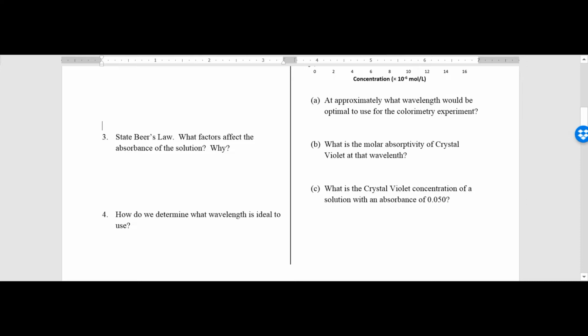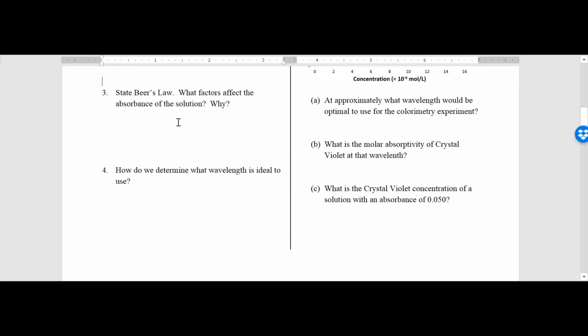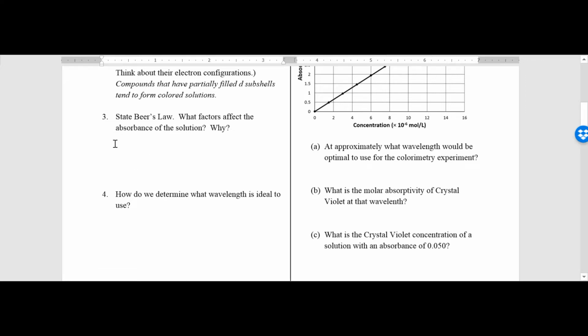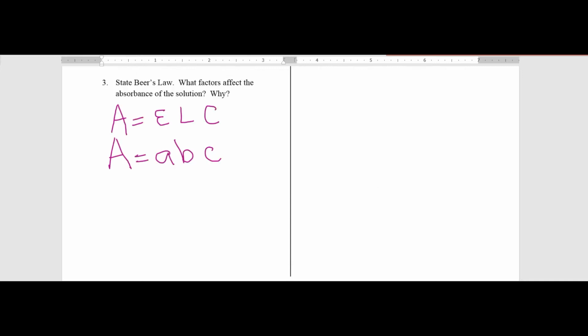All right, so question number 3 says to state Beer's law and what factors affect the absorbance of that solution and why. So I'm actually going to give myself more room here so I can write it out. All right, so I've written out the equations. Last year we learned this top one right here: A equals epsilon L C. On the AP test, they use the second equation, A equals ABC.